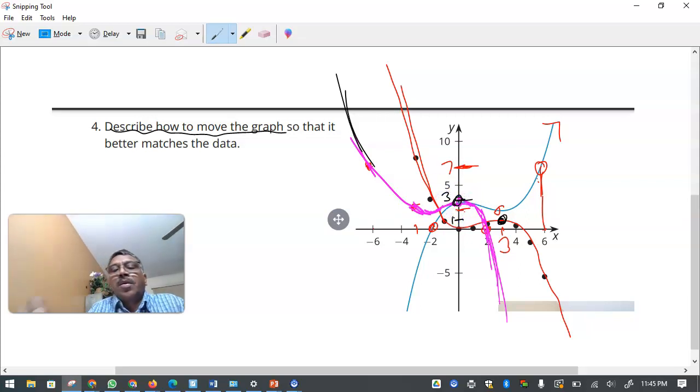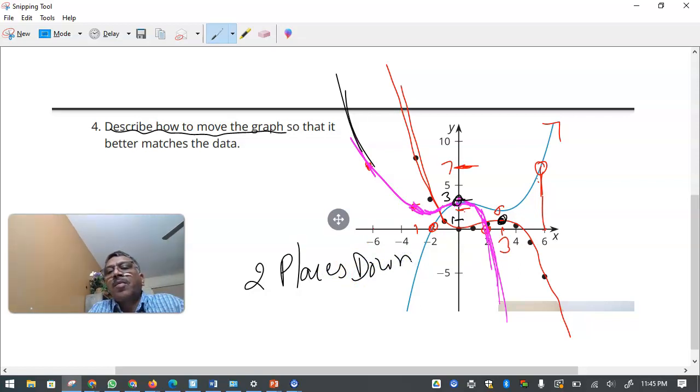So you shift 2 places down, and then you move 3 places right. So you go 1, you go 2, and then 3. So you go 2 down and 3 right.